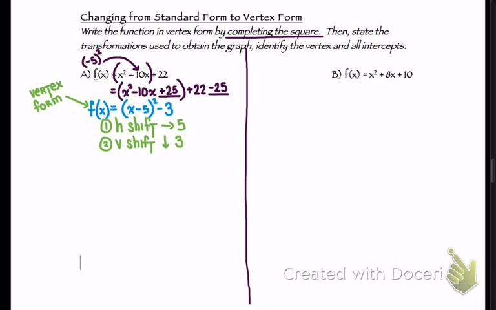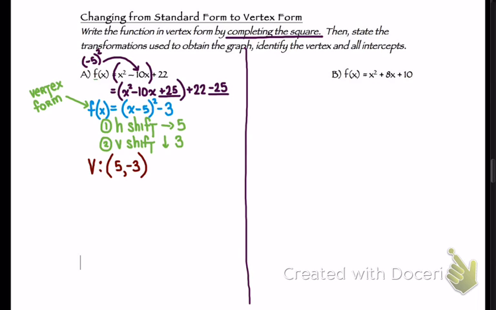Next, identify the vertex. Okay, so my vertex, I want you to think about that. Think about your transformations. Right 5, down 3. Your vertex is 5 comma negative 3.